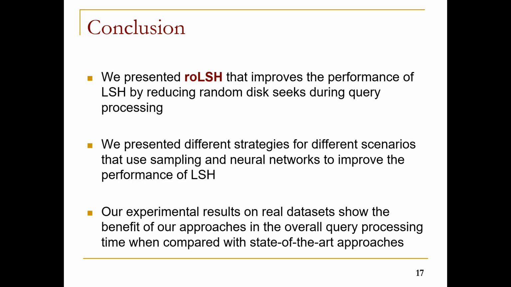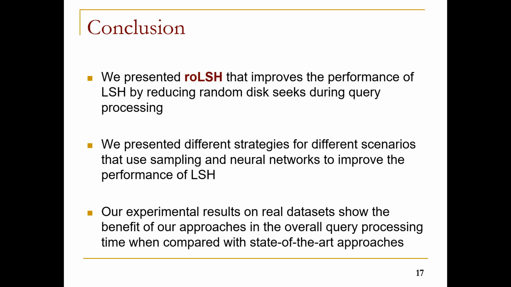In conclusion, we saw that state-of-the-art LSH techniques suffer from either excessive disk IOs or significantly slow query processing time. To alleviate these problems, we presented a novel structure called radius-optimized locality-sensitive hashing (roLSH) with the goal of improving random disk IOs with a negligible overhead.